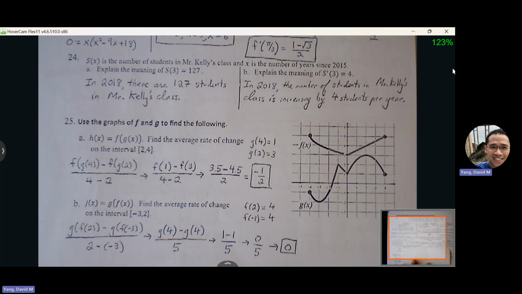Finish off 24 and 25, and then copy down, or you can find space on the separate sheets or in your packet, anywhere. Go ahead and copy down number 26.